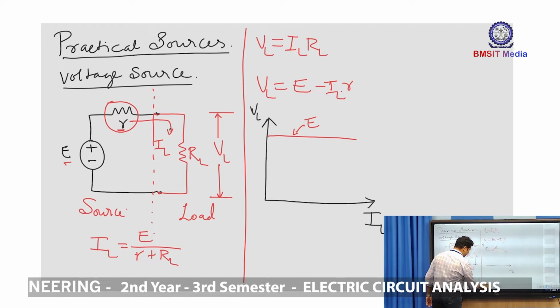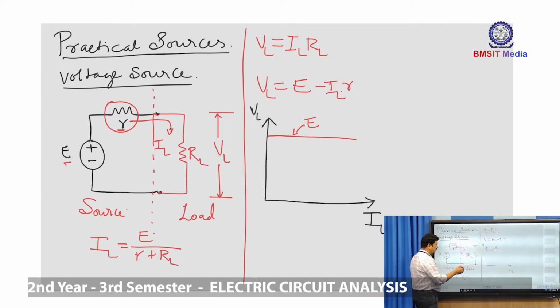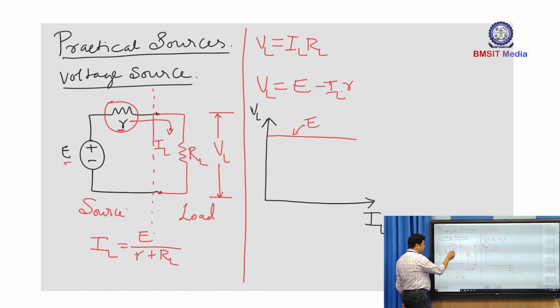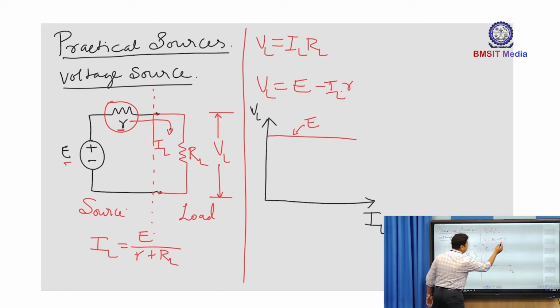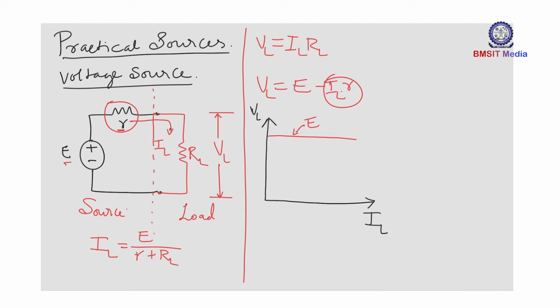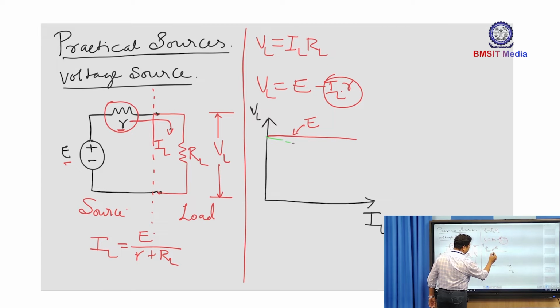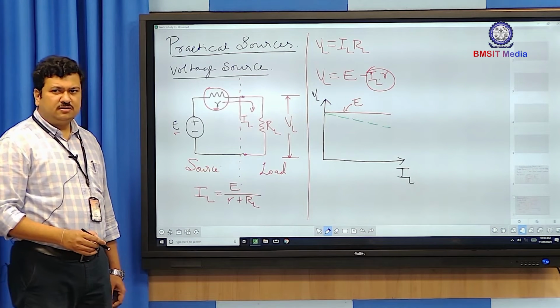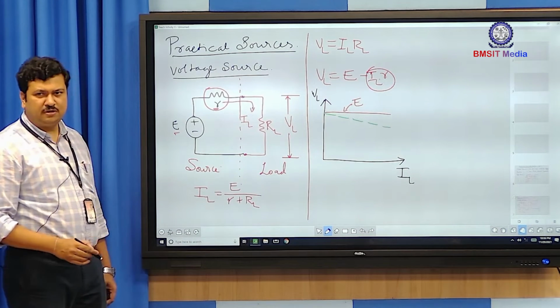Now, if I plot the VI characteristic for a practical voltage source, where there is a voltage drop I into R existing in series, then the terminal voltage will be slightly decreasing from the no load terminal voltage.